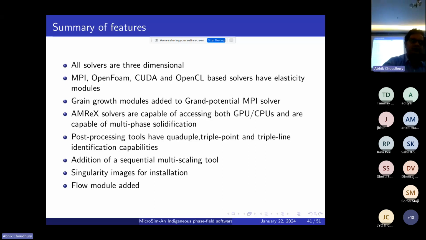When you have finished the calculation, you exit from the Singularity environment, and you are done with it. So you only install the environment that you need for any of the solvers, and then work with the solver. We have them for both Linux-based and Windows-based systems, which allows a wide flexibility which was not there before. As I said, the new addition has been a new module.